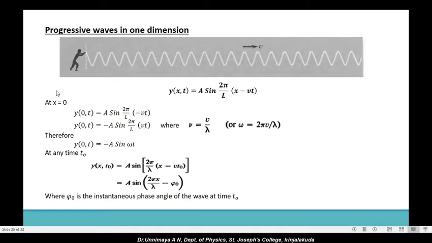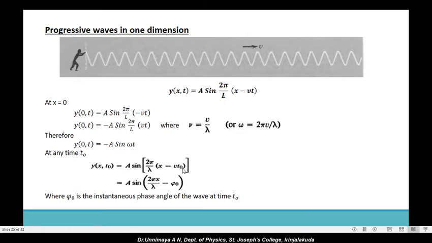This is for x equal to 0, and for any time t equal to t0. Substituting t as t0, y(x,t0) is equal to a sin 2 pi by lambda (x minus v t0). Take this 2 pi by lambda term inside, that is 2 pi x by lambda minus 2 pi v t0 by lambda.